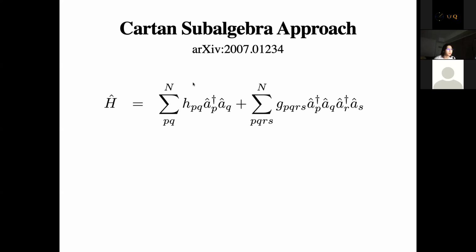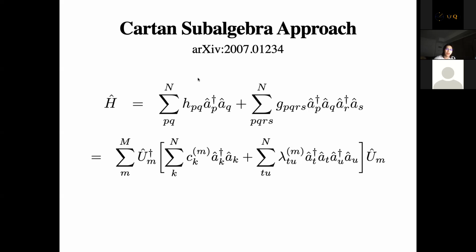So as said before, your Hamiltonian is the sum of the one-body terms, HPQ, and the two-body terms, GPQRS. And if we recall, for the measurement problem, we want to write our Hamiltonian as a linear combination of measurable terms. Here I use the subscript m to denote the measurable terms. And on both sides, we have unitaries, just like before. In the middle, we have these AK dagger, AK, which is the thing that you can measure on quantum computers.